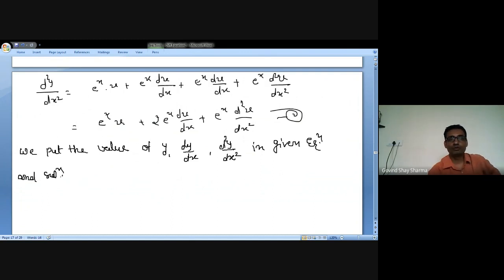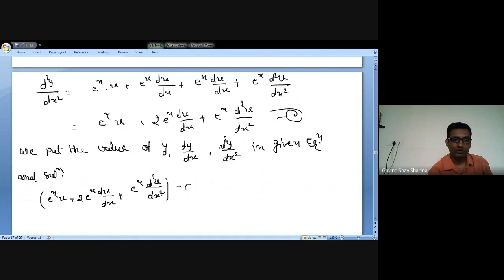When we put the value, d2y/dx2 value is e की power x v plus 2 e की power x dv upon dx plus e की power x d2v/dx2.